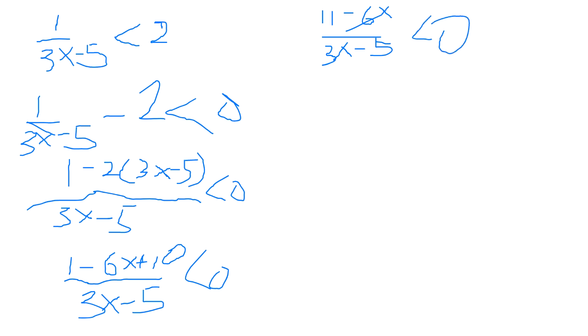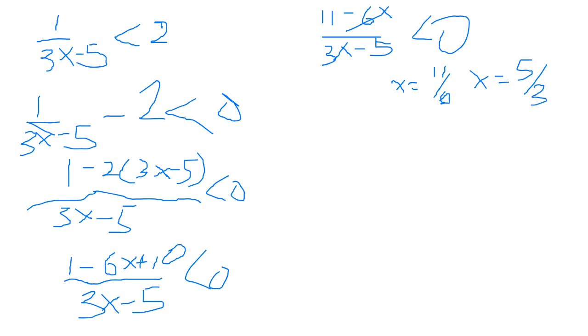And we have got our factors. Can you see that? So our points will be x equals 11 over 6 and x equals 5 over 3.